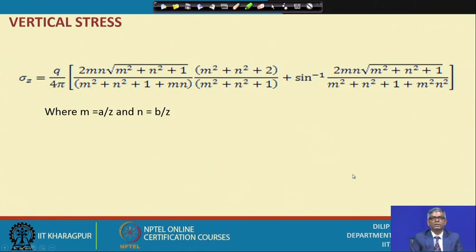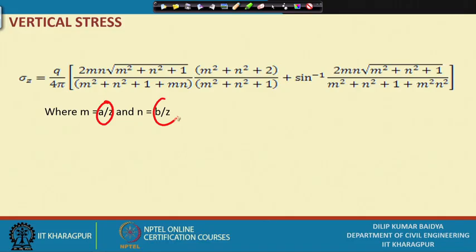You can see this is the expression we get finally. It looks like a very long expression, and it mostly contains two non-dimensional terms: one is a by z and the other is b by z. Writing a by z and b by z too many times in this equation looks very clumsy.